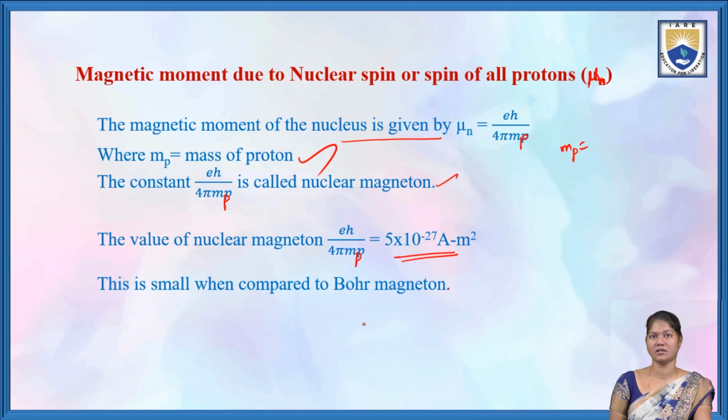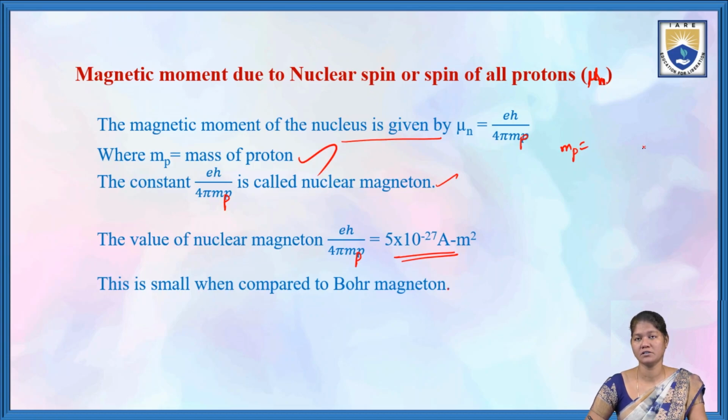So we have seen here the three types of permanent magnetic moments which arise due to the motion of particles. When the electron is in orbital motion, it gives an orbital magnetic moment. While revolving around the orbit, the electron spins about its own axis, which gives a spin magnetic moment.